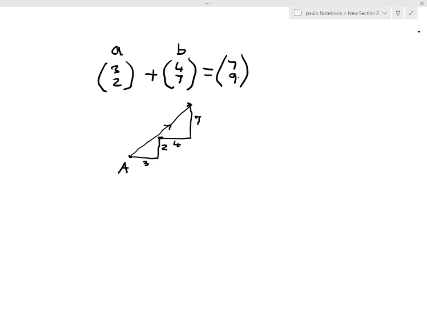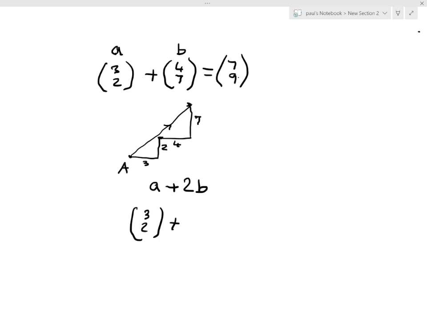Now when you're adding these things together, they might ask you to do a plus 2b, and we use the a and b up there. So you put the a down, we know what that is, (3, 2), and then we'll add 2b.